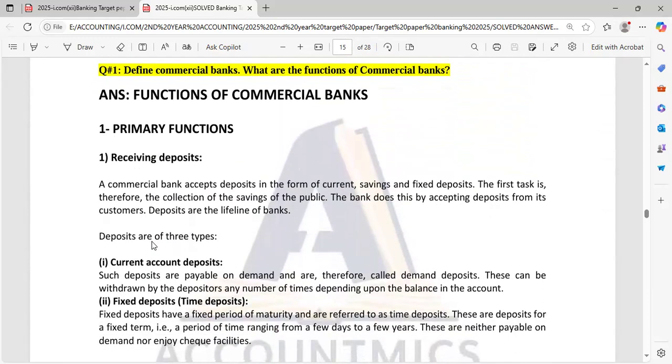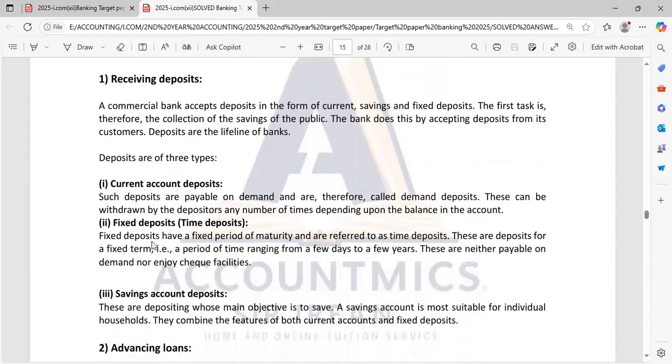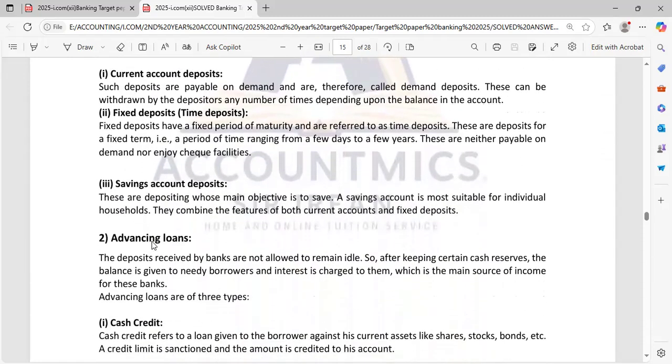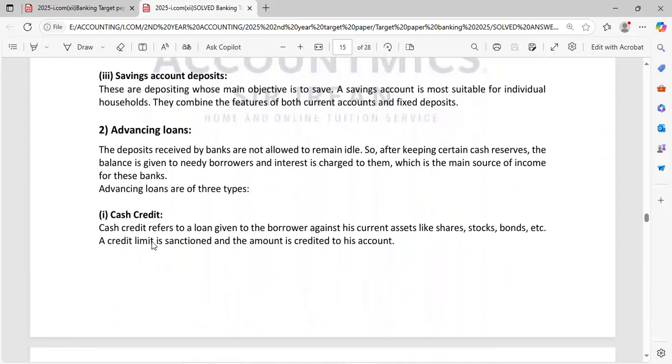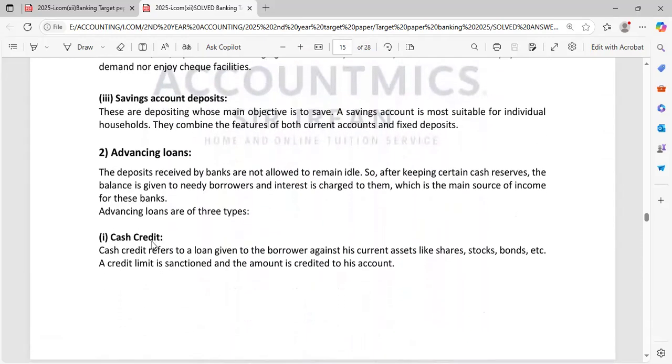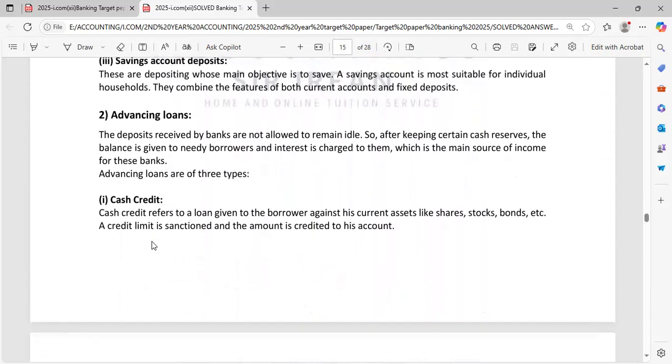The bank can receive deposits from a customer, so it is the function to receive deposits and save your money. These are the kinds: current account deposit, fixed account, saving deposit. The second one is advancing loans. It means the bank can grant loans to creditors so they can take interest on it.